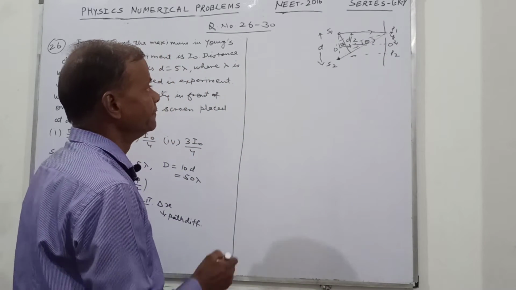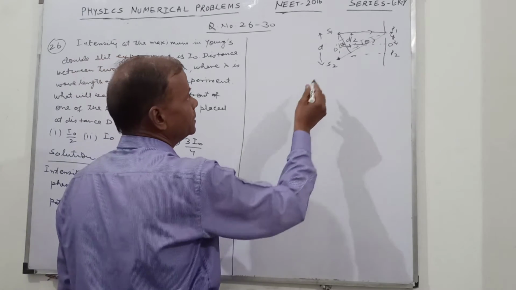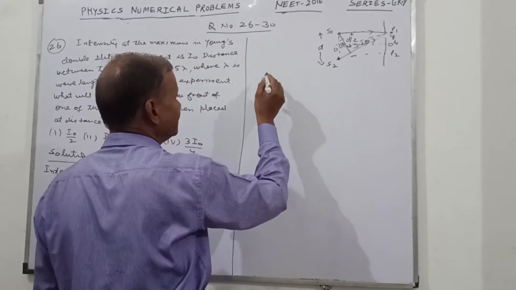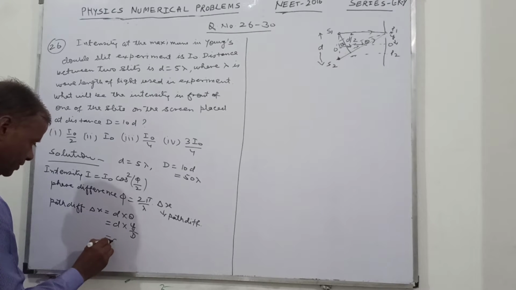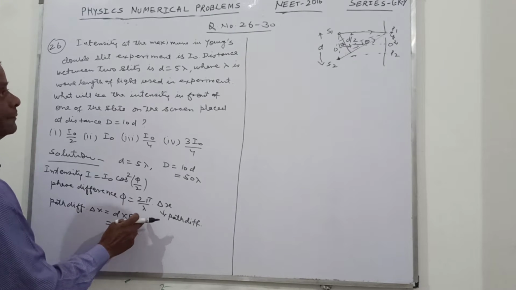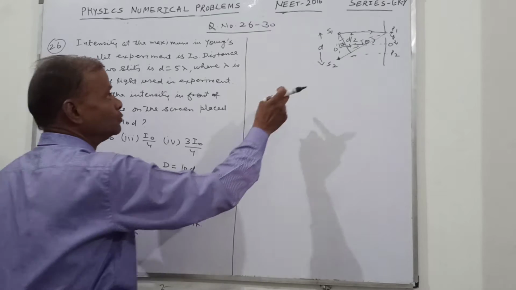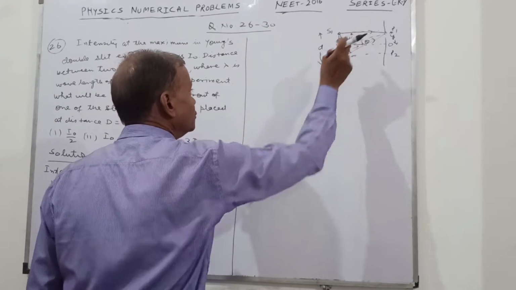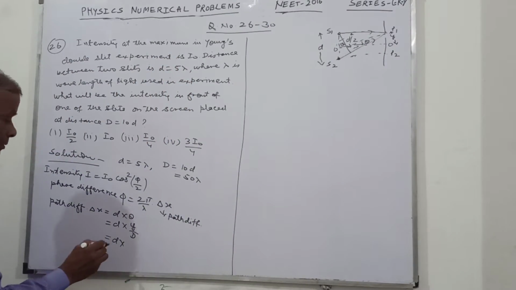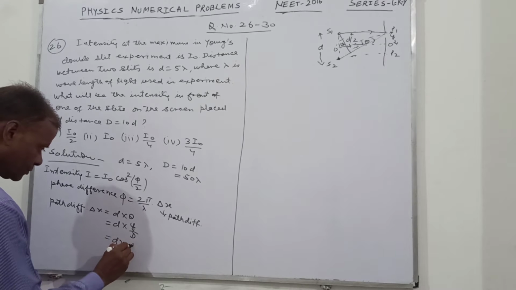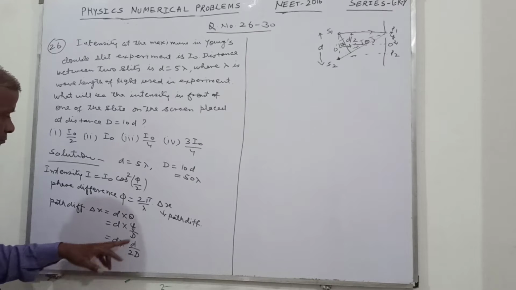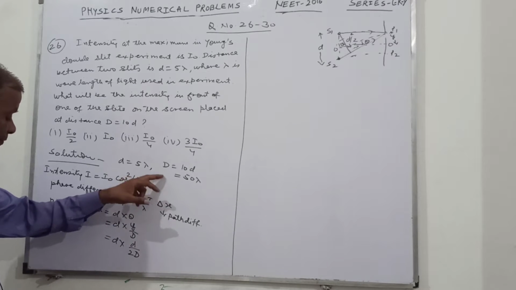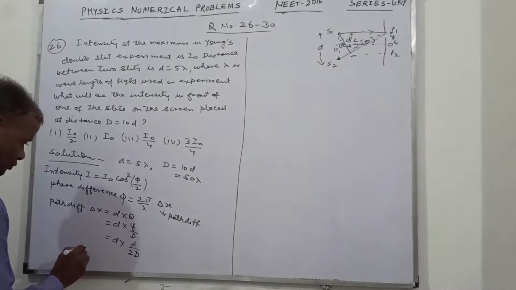So what do we have? There is this tan theta from here. So this is d into y, where y is equal to d upon 2. This is now d upon 2 into D. So now we put the values.